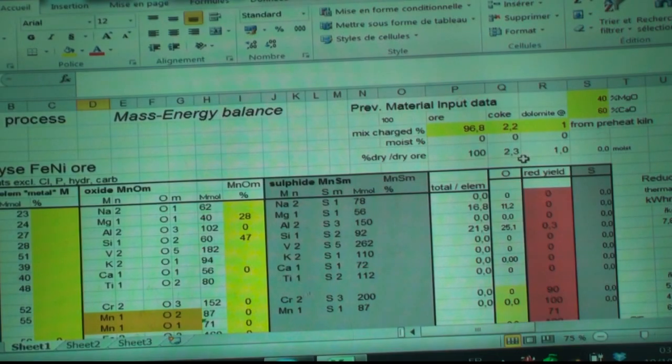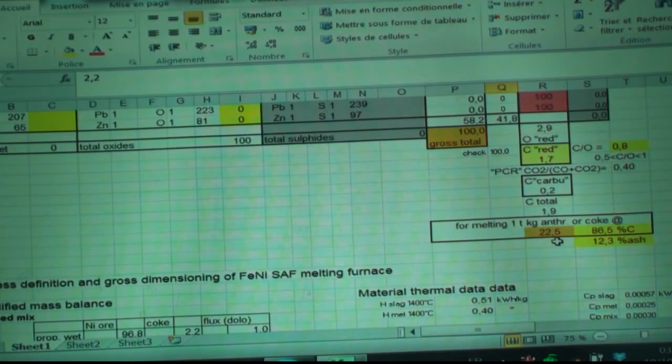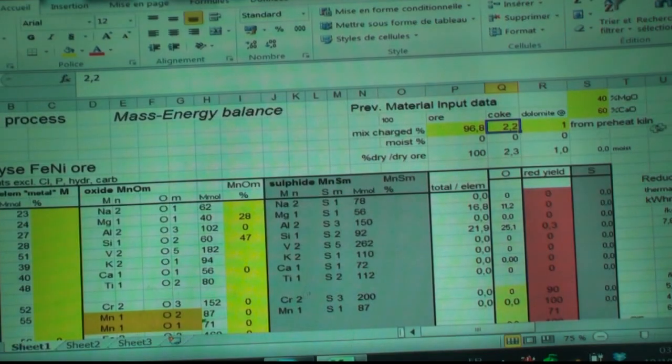I just mean that the coke consumption is actually about what I calculated here using the formula.